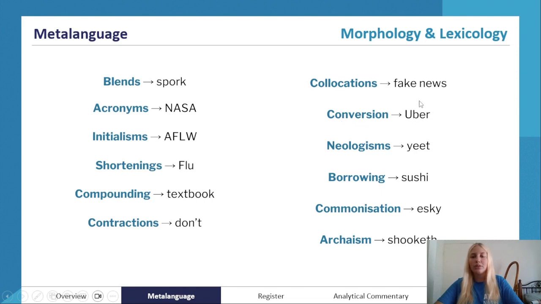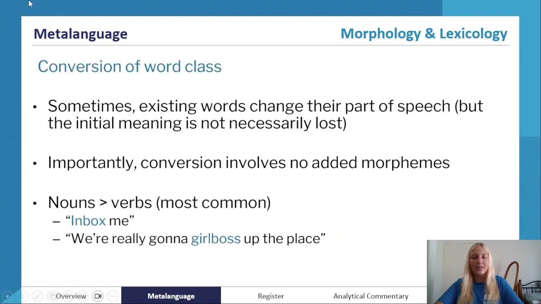Conversion, Uber, this has been converted from a business name into a noun and a verb as well. Neologisms quite literally means very new words. Borrowings, words taken from other languages. And I recommend just gathering some more examples for each of these.